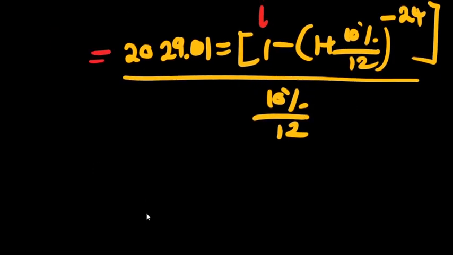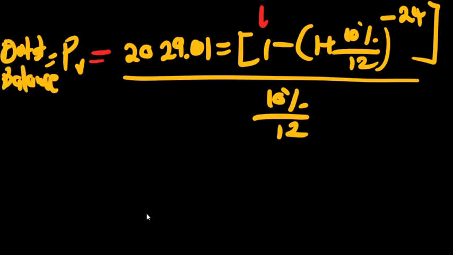So how much is outstanding? The PV is the same as the outstanding balance in this case. So we're just going to punch it through our calculator: 2029.01 times (1 minus (1 plus 10% over 12) to the power of minus 24) all over 10% over 12.